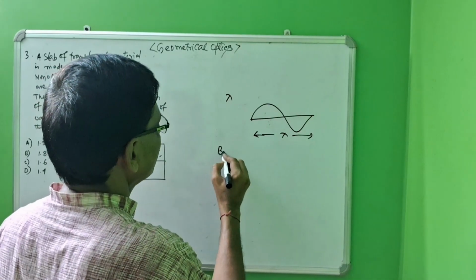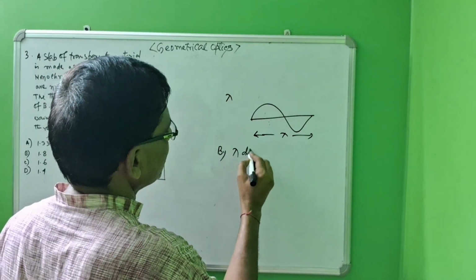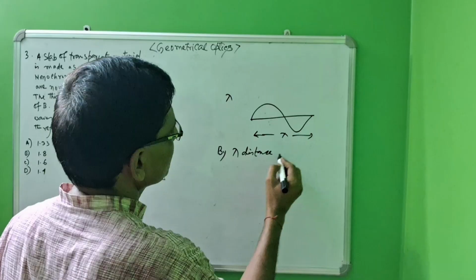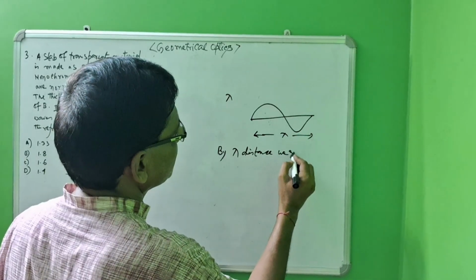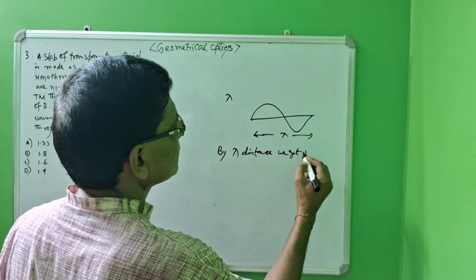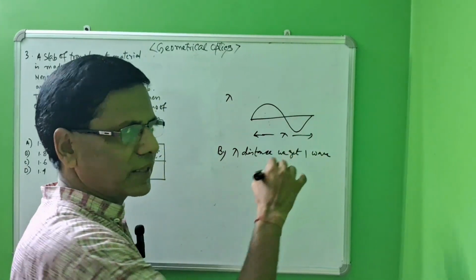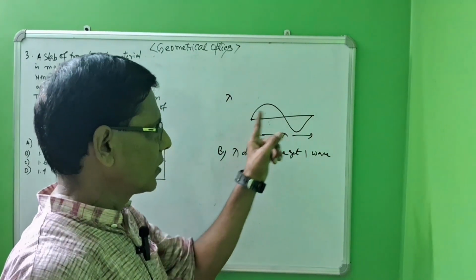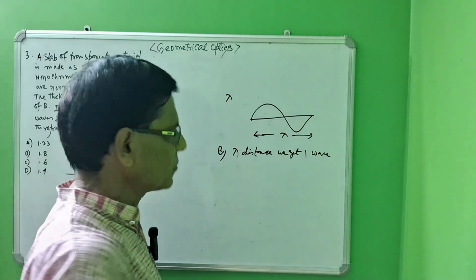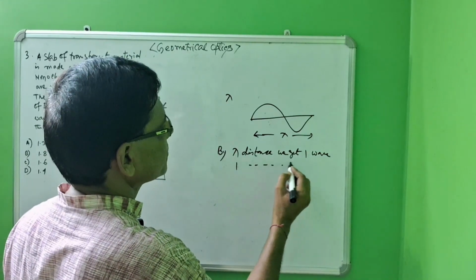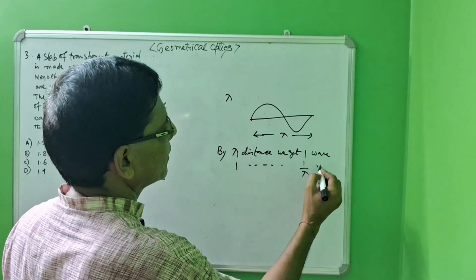By lambda distance we get one wave. So for one unit distance we get 1 by lambda number of waves.